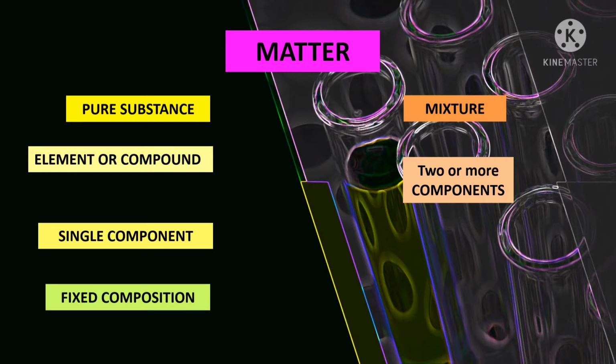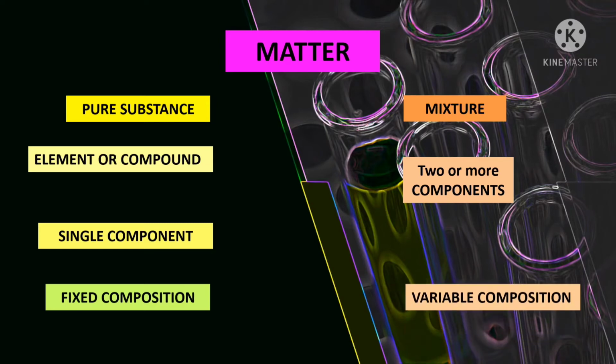For example, oxygen is a pure substance because it is an element. Water is a pure substance because it is a compound. While a cup of coffee is a mixture of sugar, coffee powder, and water.